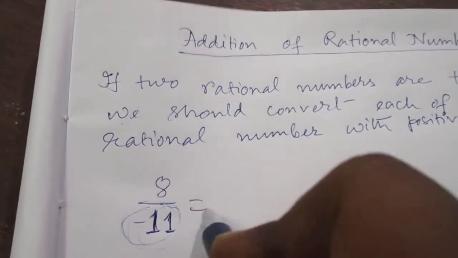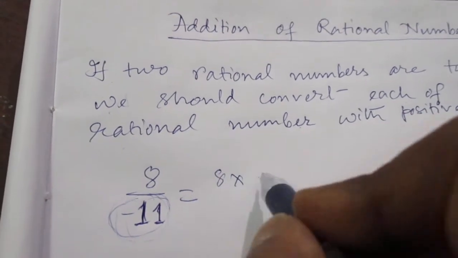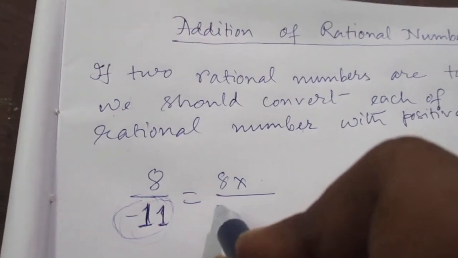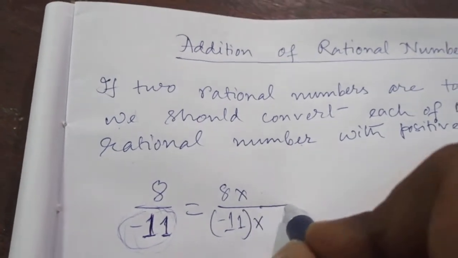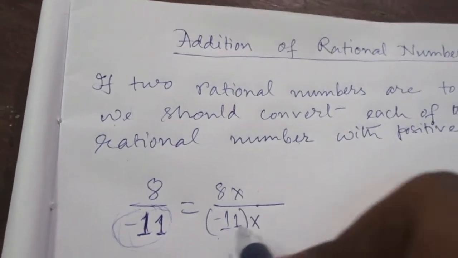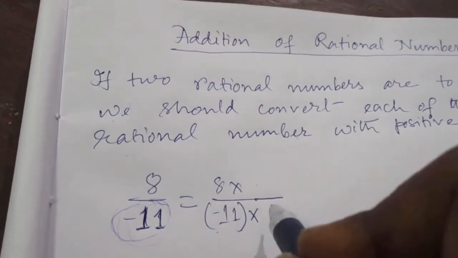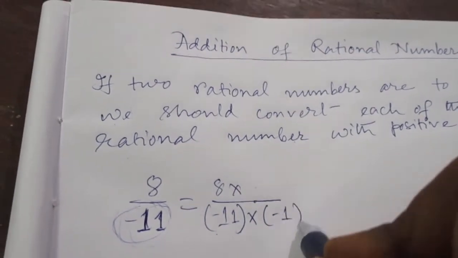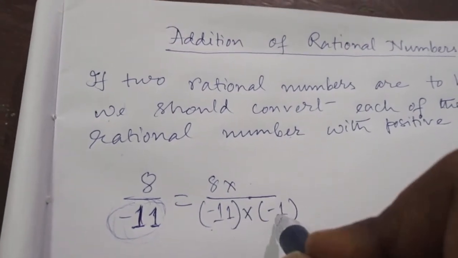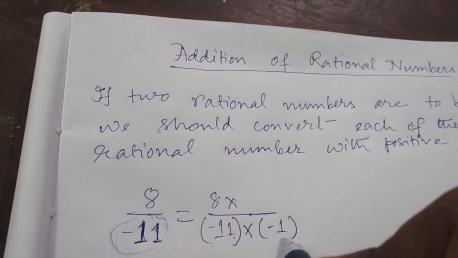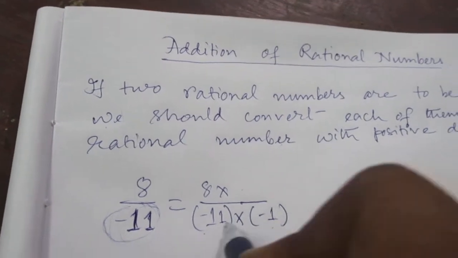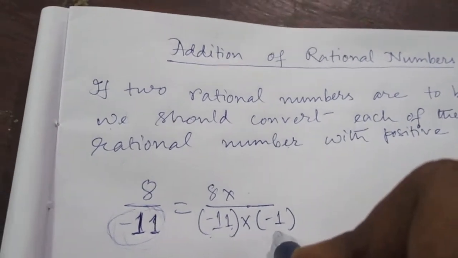So how can we do it? 8 into, and then minus 11 into. If we multiply this minus 11 with minus 1, it will become positive, because minus 11 into minus 1 will give you plus 11.